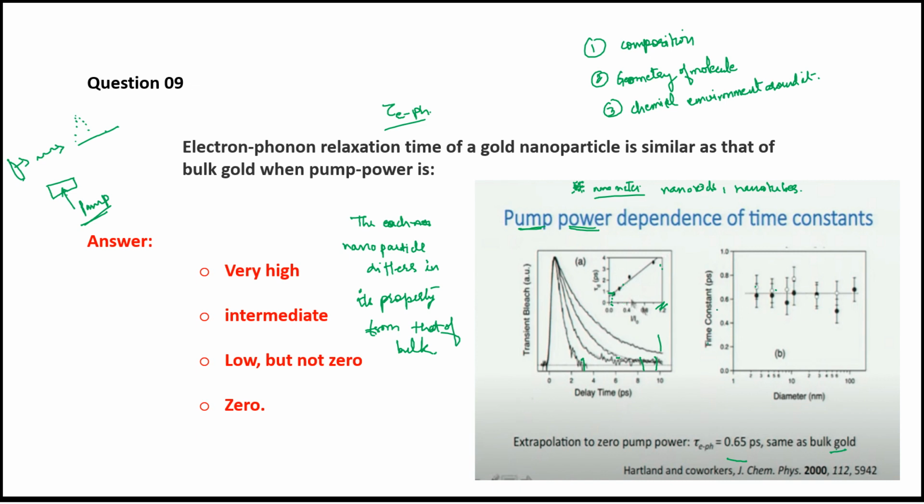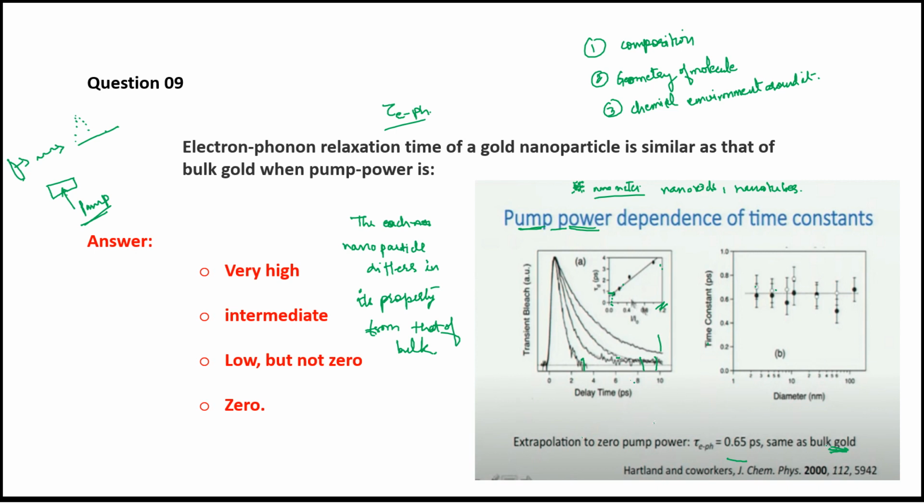Also, when they noticed the effect of pump power, they recorded the relaxation time at zero pump power. And the time constant for the zero pump power is equal to that of the bulk gold.